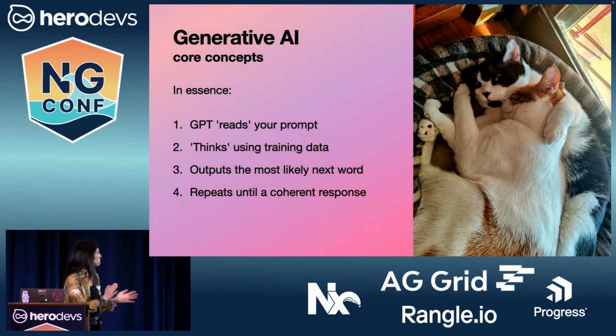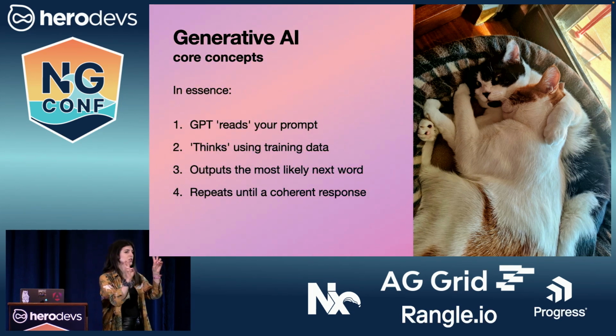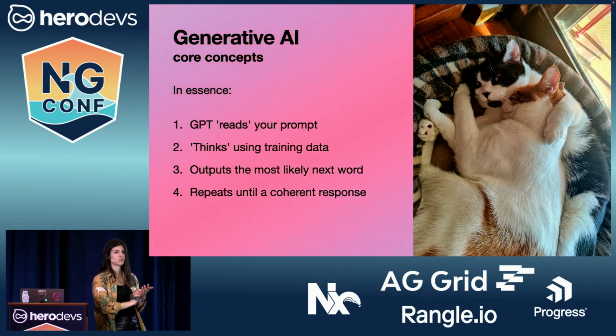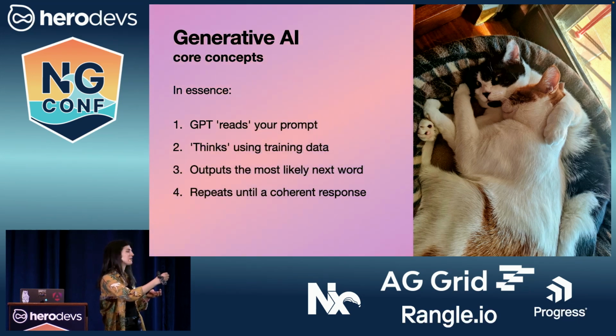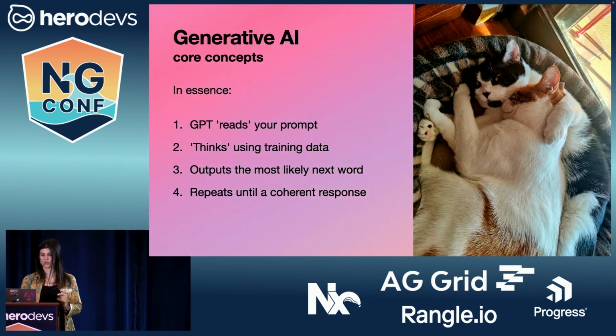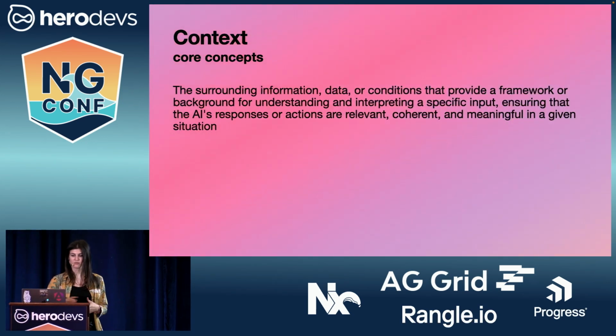So in essence, GPT reads your prompt, which means it takes in the embedding of your prompt. It thinks using training data, and it starts outputting the most likely next word, and it repeats until it has a coherent response.